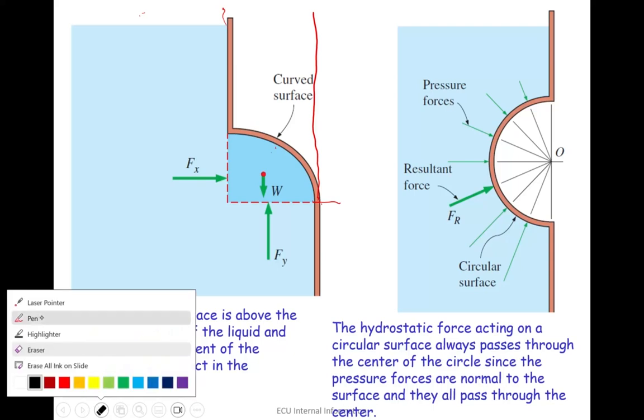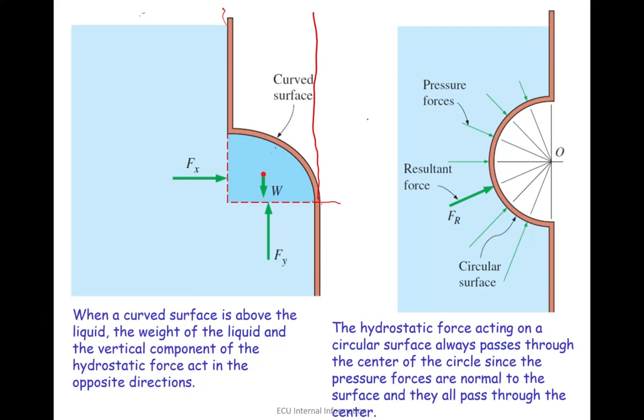Now the second approach, which is also explained in your textbooks, is that we assume a force acting upward, Fy. How do we estimate Fy? Similar to having a horizontal surface, from there to there is hc.